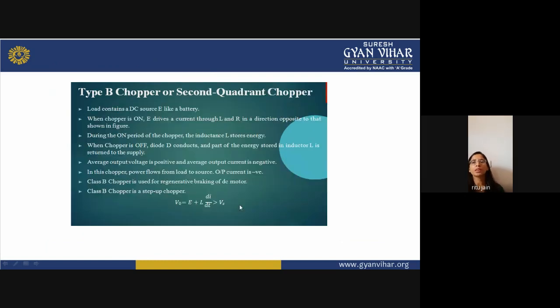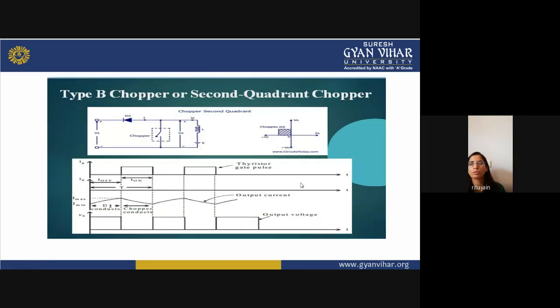When the chopper is turned on, E drives the current through L and R in a direction opposite to that shown in the figure. You can see that the battery has its negative terminal here and its positive terminal here.